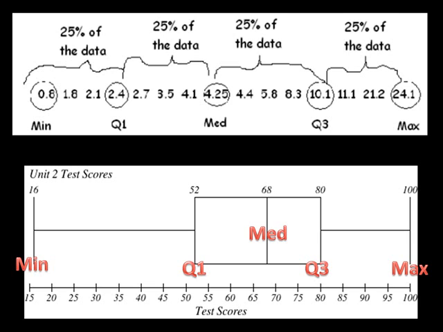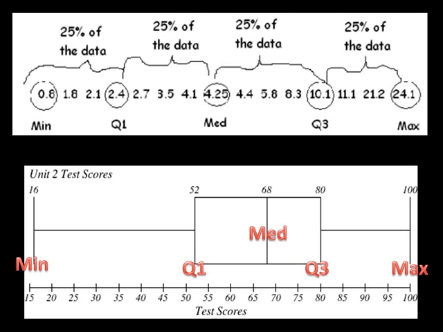The test scores had a minimum of 16 and a Q1 of 52. That means that 47 students scored between that amount. So it took 47 students to score below a 52 before we got to the amount where 75% of the students scored more than the 52.